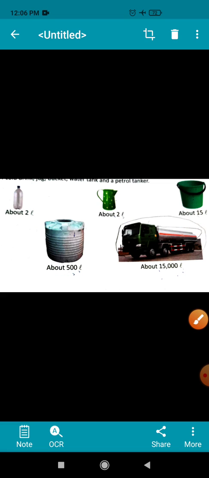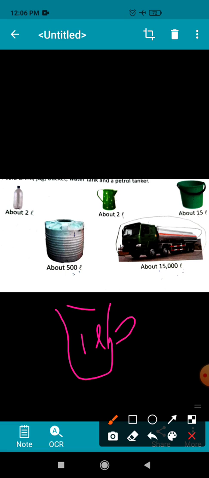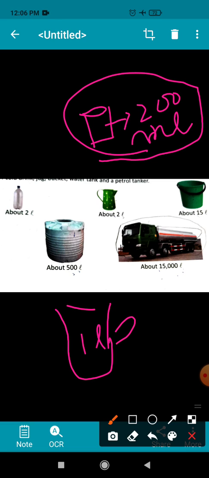Children, if I ask, this is a jug, right? And its capacity is 1 liter, and this is a small glass, and it holds 200 ml of water. So how many glasses of water will you pour in this jug? The first time you pour in, you are filling 200 ml of water.